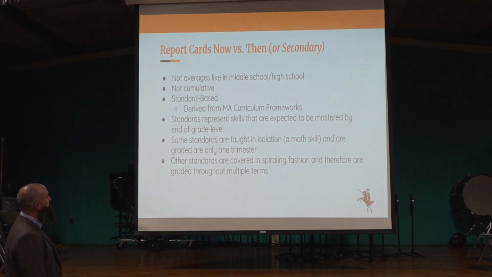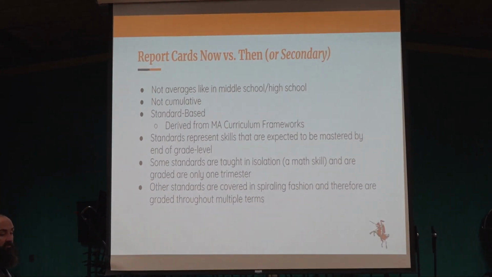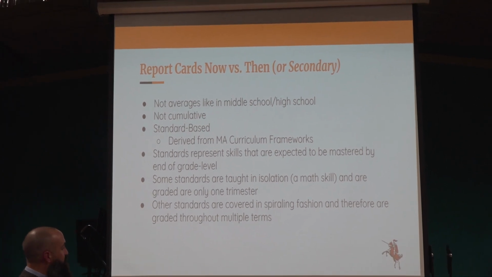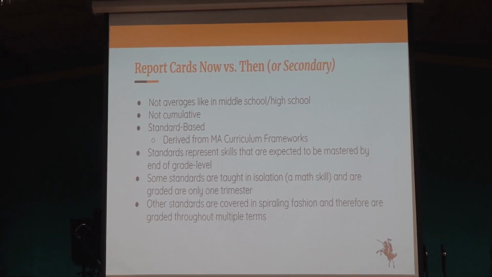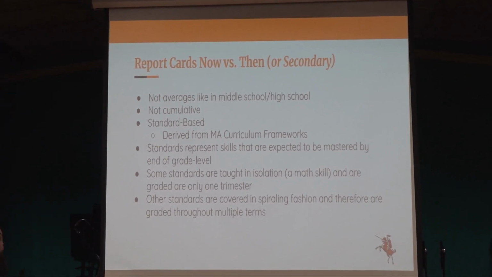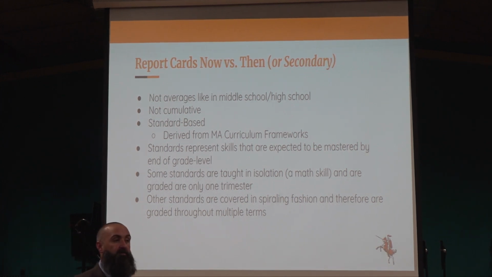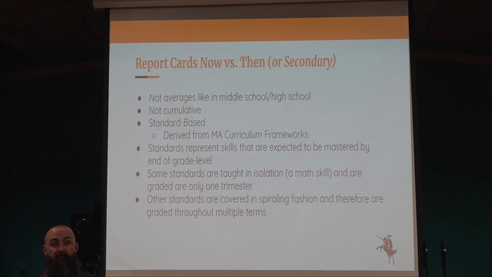I think the big source of confusion when reading these report cards when you first get them is that you're going to look at the report card and automatically go back in time when you had your own report card. When you were in middle school or high school and the grading system was A, B, C, D, and F, right?